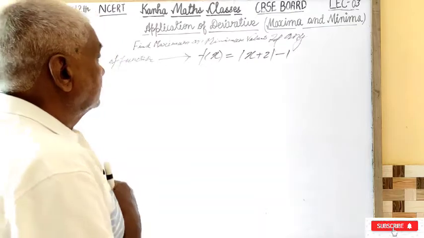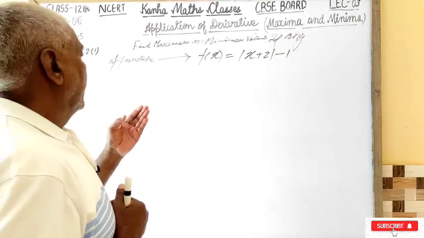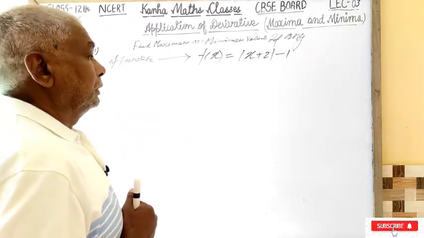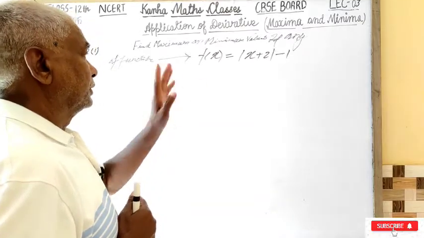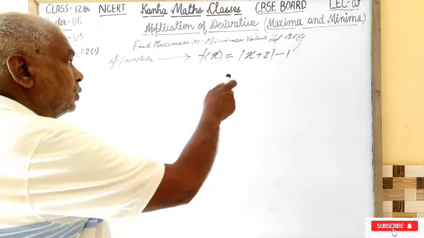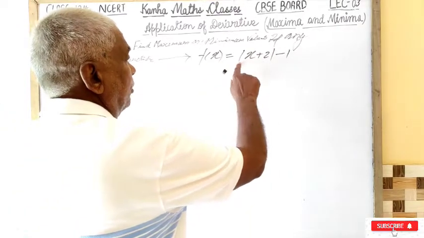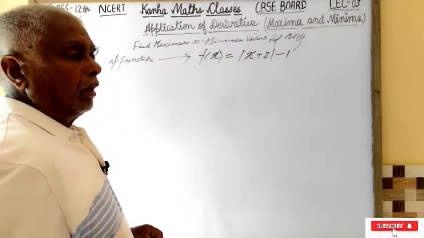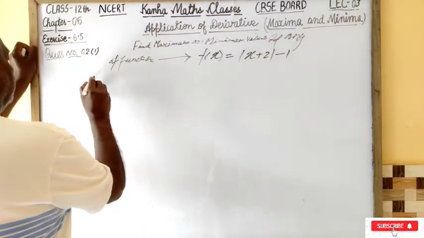For this purpose, we will use a basic method for finding the maximum or minimum value, if any, of the function f(x). You must know that the modulus of any expression, that is |x + 2|, is always greater than or equal to 0.